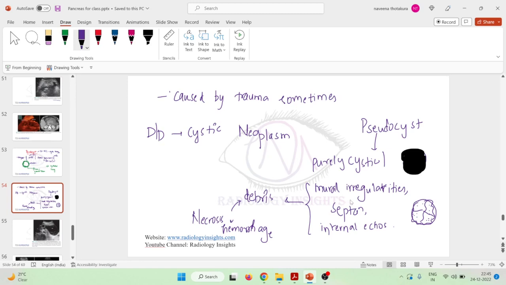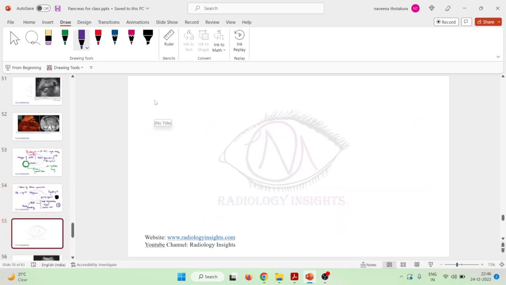What cystic neoplasms can mimic a pseudocyst?